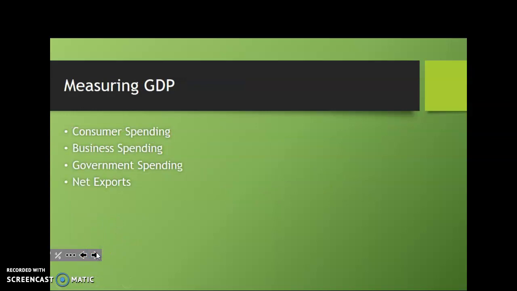Now, when you're measuring GDP, there are 4 things to look at. The first is consumer spending, and that includes everything people buy for personal use, like food or clothing, cars, medical care, recreation. And when consumer spending is high, economic growth is strong because consumers have confidence in the economy.